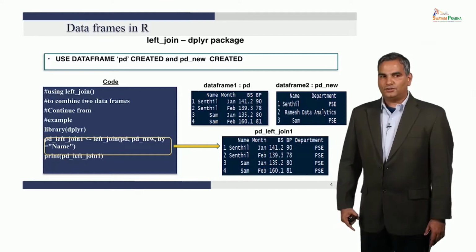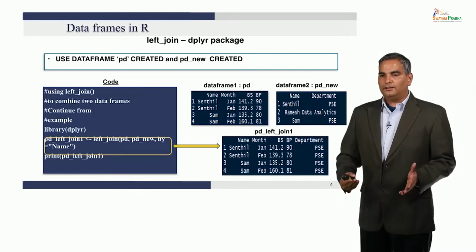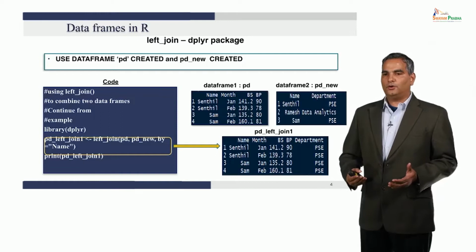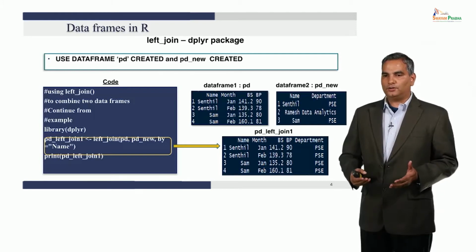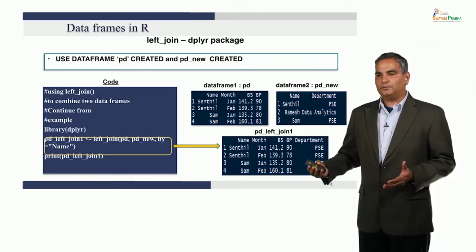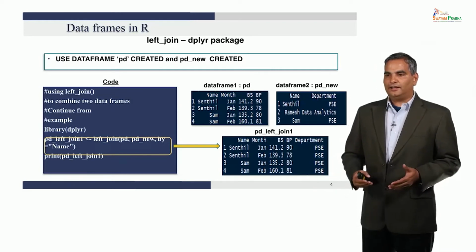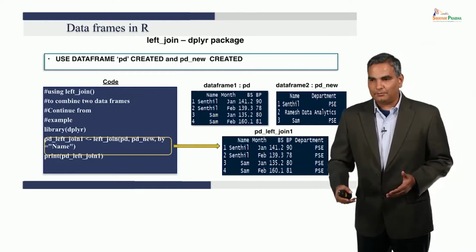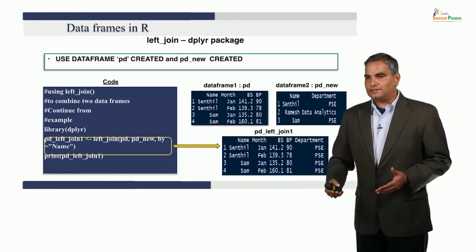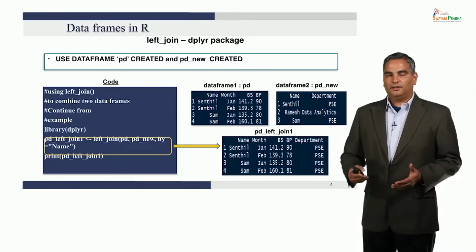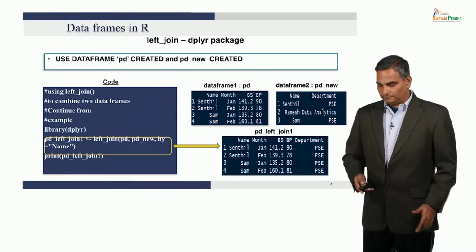So if you do left join with PD as the first argument and PD new as the second argument, then R is going to take PD as the reference. Whatever is available in PD, it is going to use as a reference, and anything new that comes out in PD new, it's going to drop. So when I join this, you see the result here. It has added information for Senthil and Sam in terms of department, which came from PD new. But since Ramesh didn't have any information in PD, that name got left out. So this is left join with PD as the first argument and PD new as the second argument.